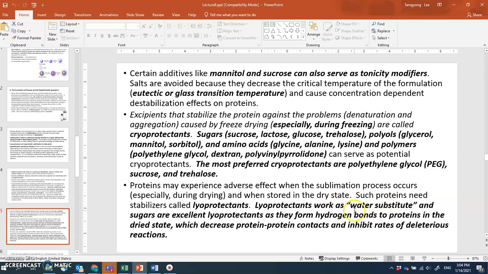Through the drying process, the place where the water crystal was is substituted with these molecules. They're lyoprotectants. That's what they do. So sugar molecules are excellent lyoprotectants because they can form hydrogen bonds in a similar way to how the water molecule does with the protein. So lyoprotectants, understand what they do.